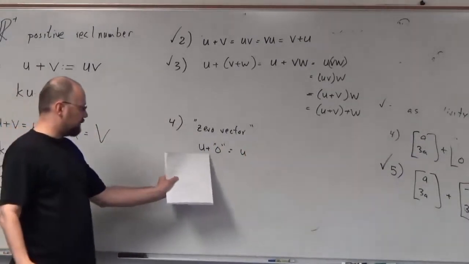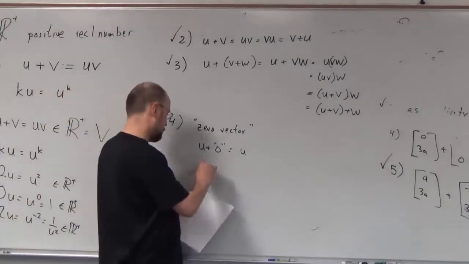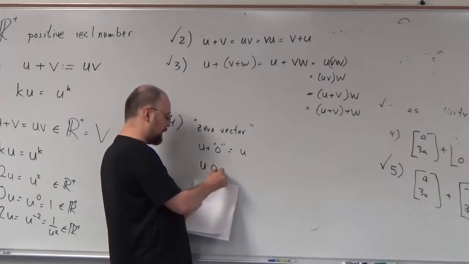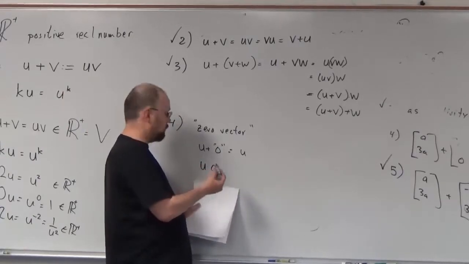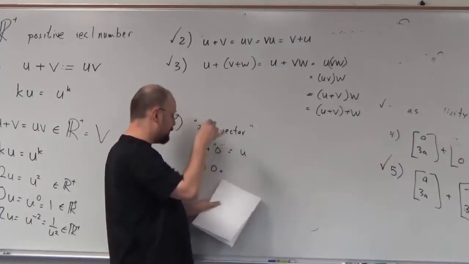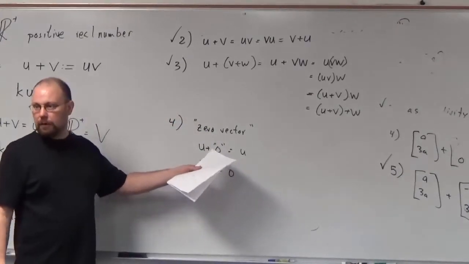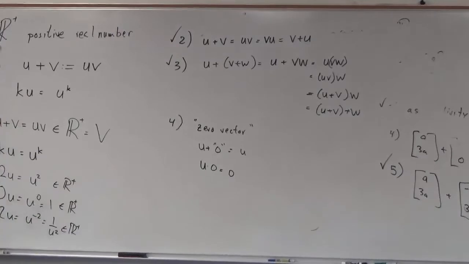But how do we define this addition? As multiplication. Is u times 0 equal to u? No, it's 0. So our 0 vector is not the number 0. In any case, 0 is not a positive number.